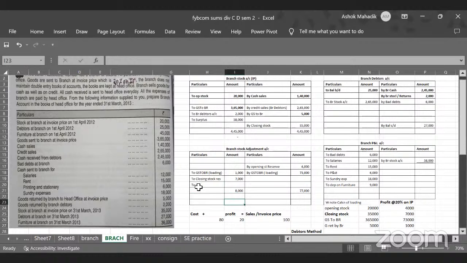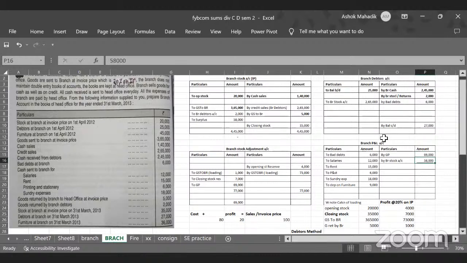I'll find out the difference. 77,000 minus 8,000. 69,000 is your GP. As usual, GP will go to P&L directly by GP 69,000.